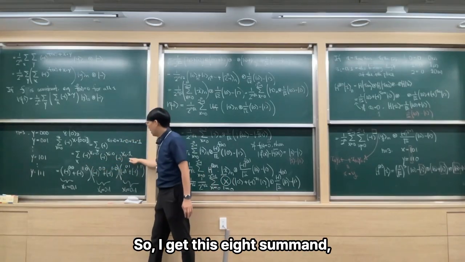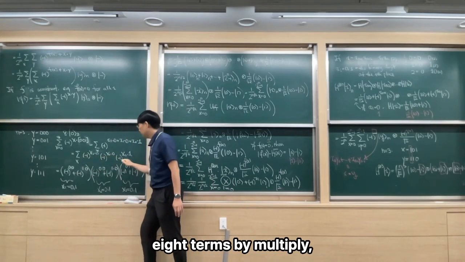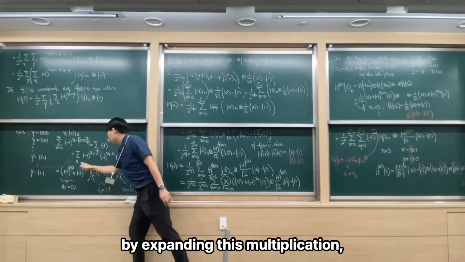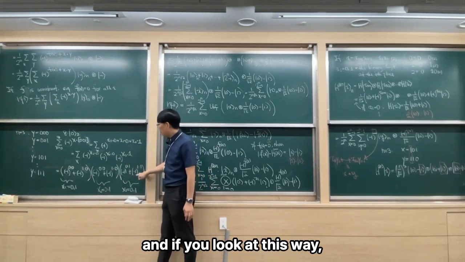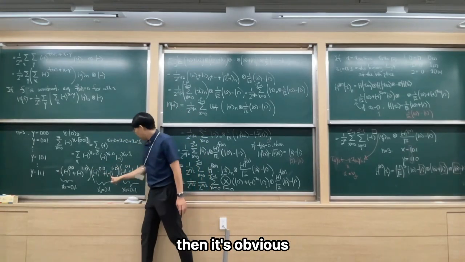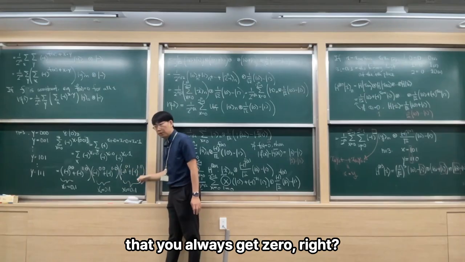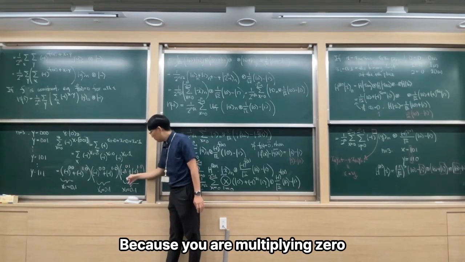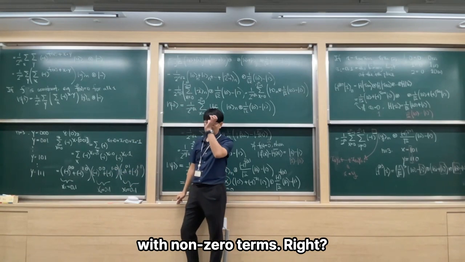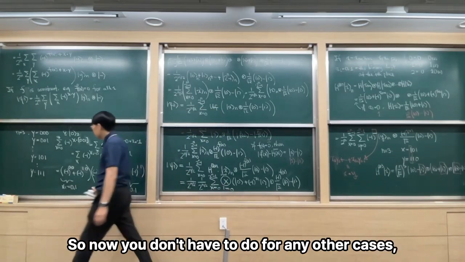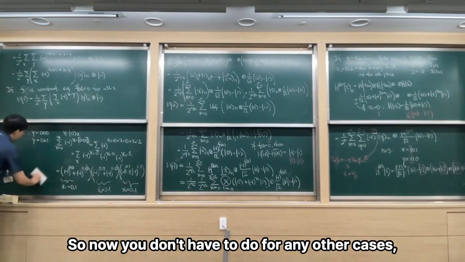So I get these 8 summands, 8 terms, by expanding this multiplication. And if you look at it this way, then it's obvious that you always get 0, right? Because we are multiplying 0 with non-zero terms, right? So now you don't have to do it for any other cases.